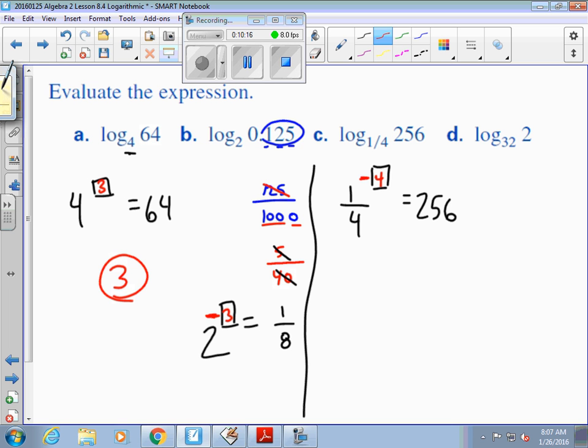What about this last one? Unlike the other ones, look at it. You're going now from a bigger number to a smaller number.